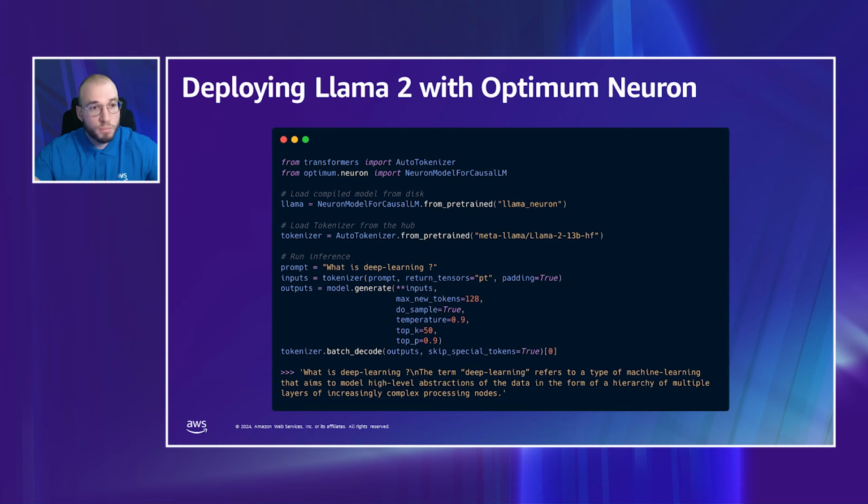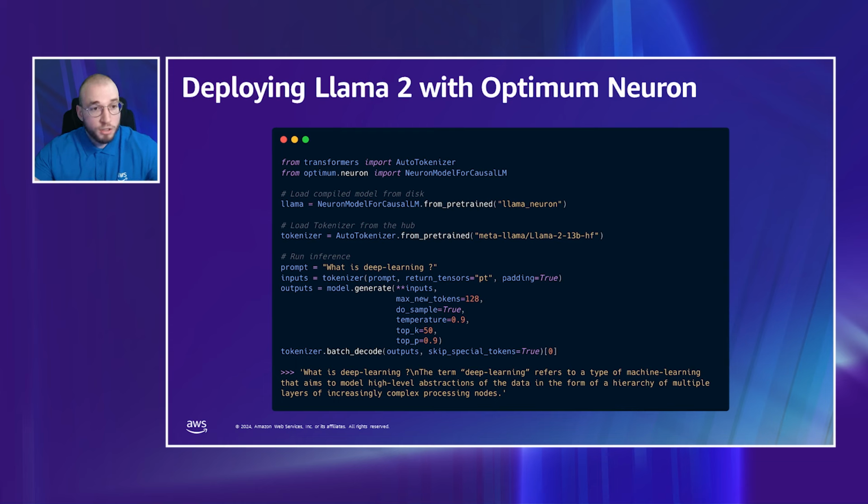So once we have our compiled model, we can use it with the from_pretrained method. Here, since we already exported it, we load without the export true argument, then we load our tokenizer so we can tokenize the text input into tokens. For our inference, we have a prompt. In this case, what is deep learning?